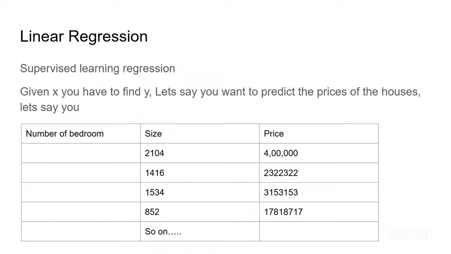So x_i would be, for example, x1 variable indexed to i for 2104 square feet of land, with the y1 ith variable indexed to 4 lakh rupees.